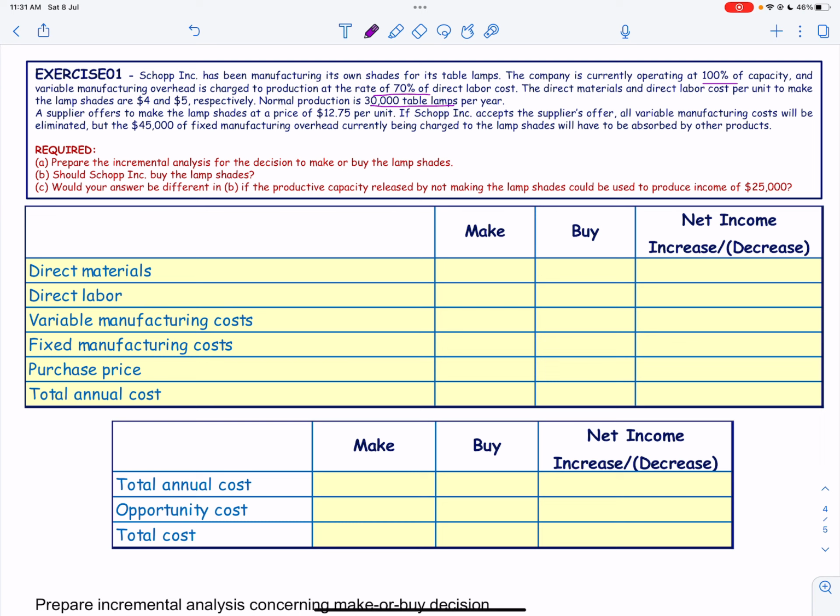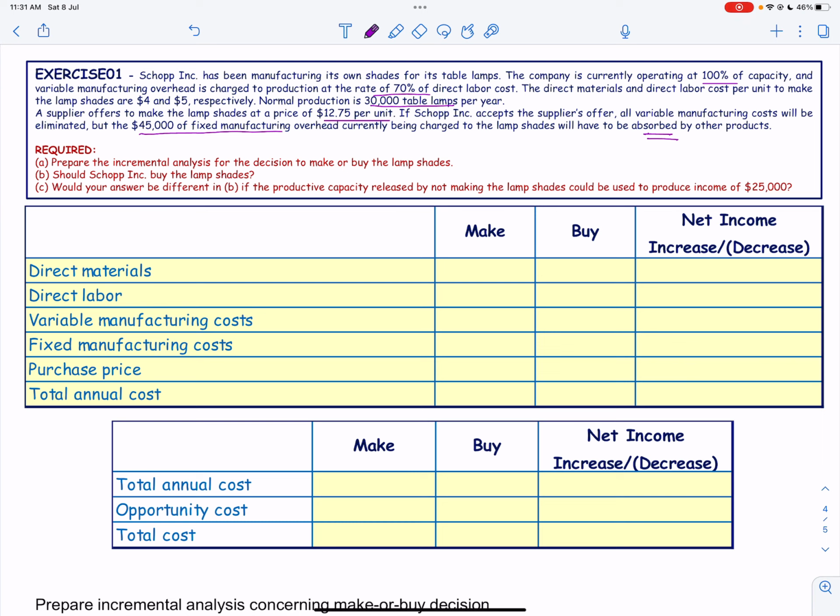A supplier offers to make the lamp shades at a price of 12.75 per unit. If Shop Incorporation accepts the supplier's offer, all variable manufacturing cost will be eliminated, but the 45,000 of fixed manufacturing overhead currently being charged to the lampshades will have to be absorbed by other products.